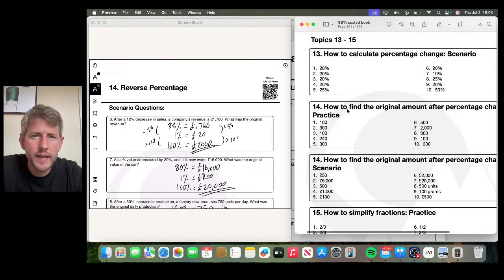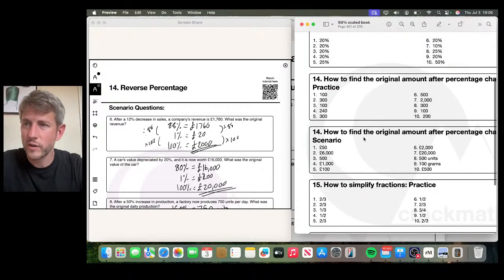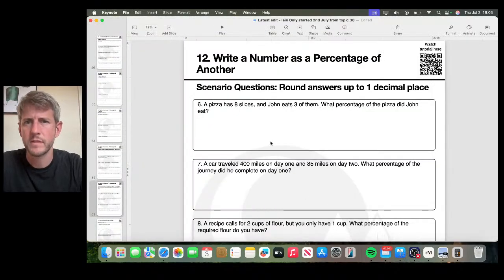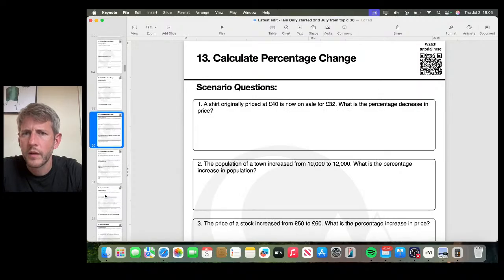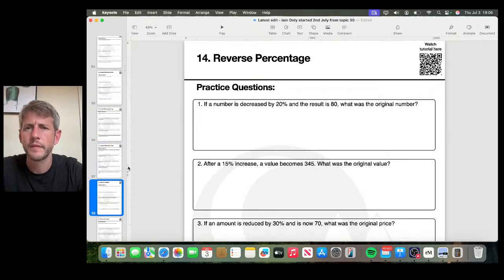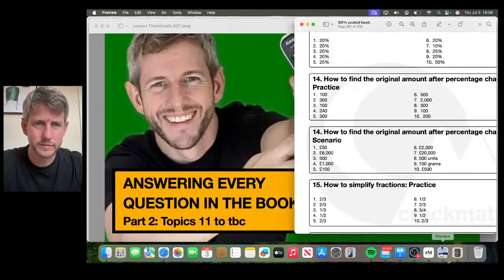This here says how to find out the original amount after percentage change. It's got a different title. Right, sorry, one second. Let me just edit that. Oh, no, I have changed it, because in my version it says reverse percentage. Okay, yes, I see what's going on. Right, sorry about that.